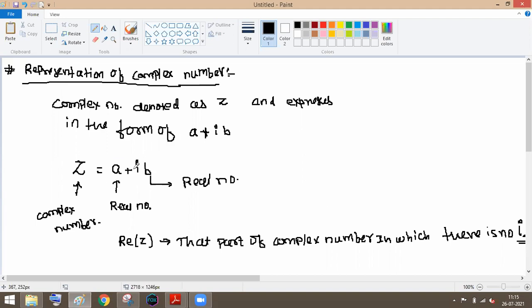There are two parts. This is the first part, this is the second part. So can we say this part does not have i? Or we can say that part of the complex number which is not associated with the i.